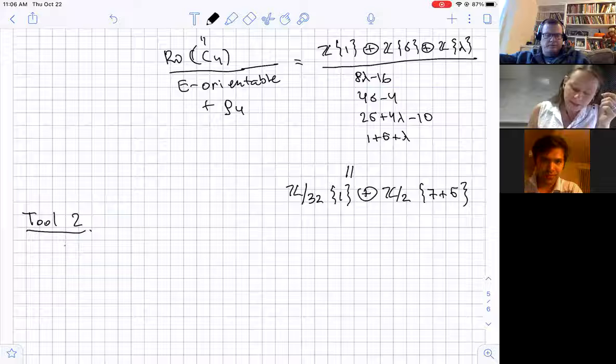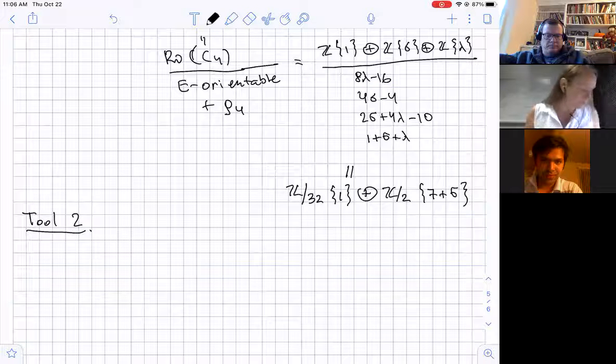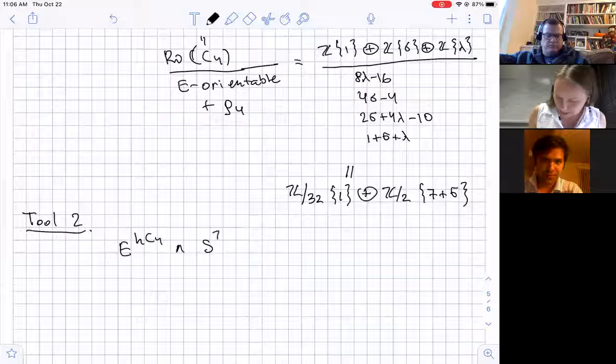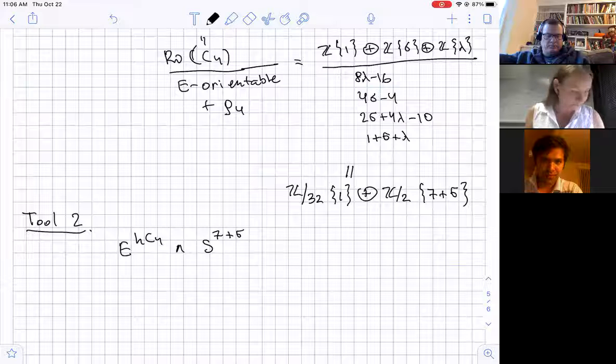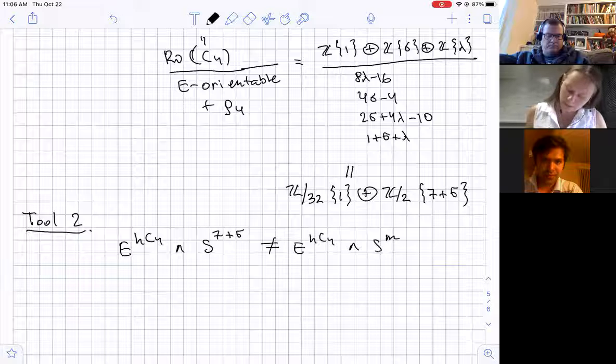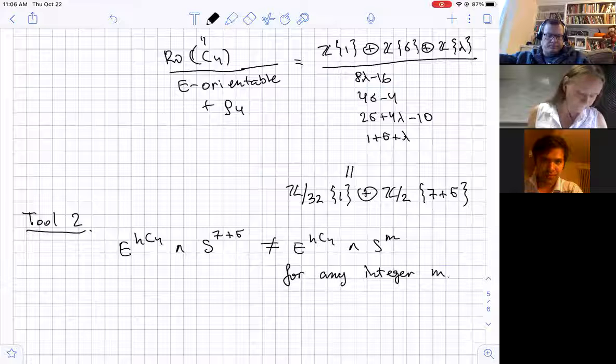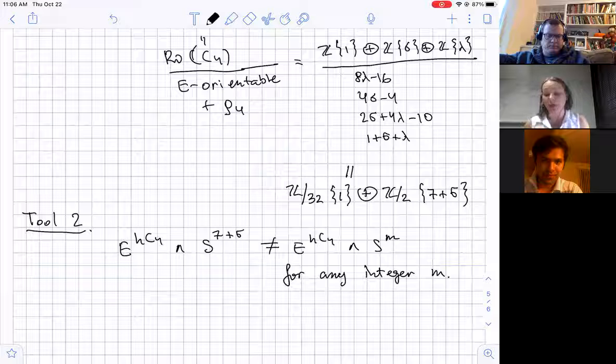We have to show that eHC4 smashed with the sphere given by 7 plus sigma is not eHC4 smashed with an integer sphere, for any integer sphere. And that's really just a computation.